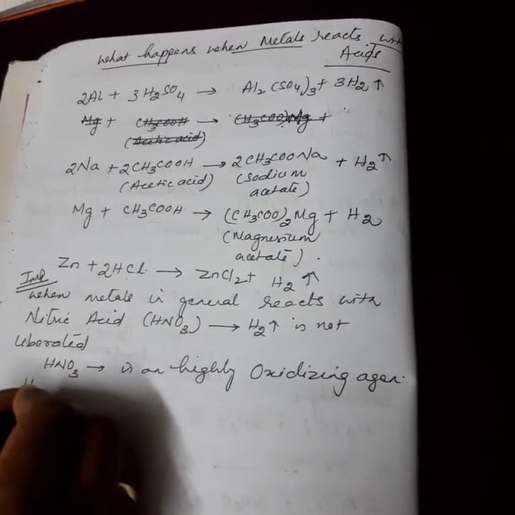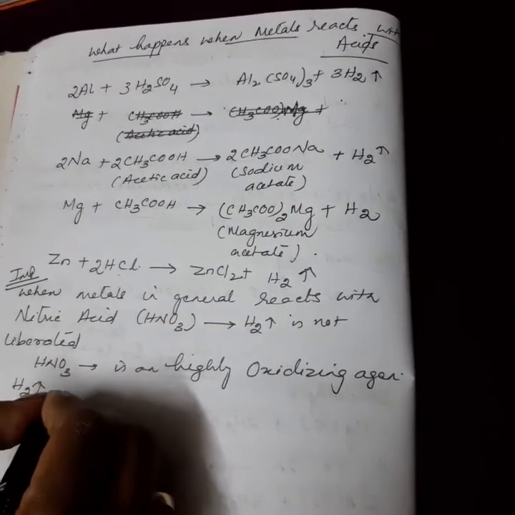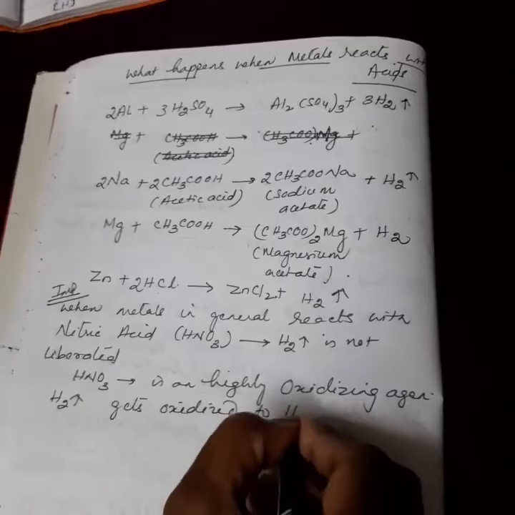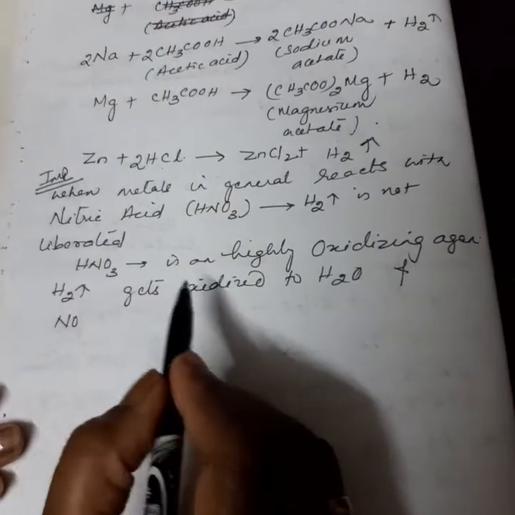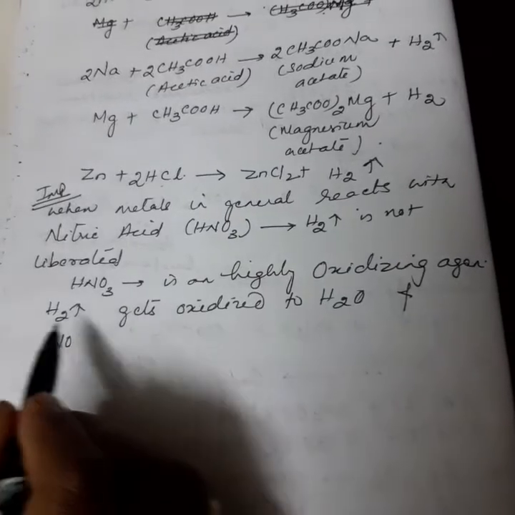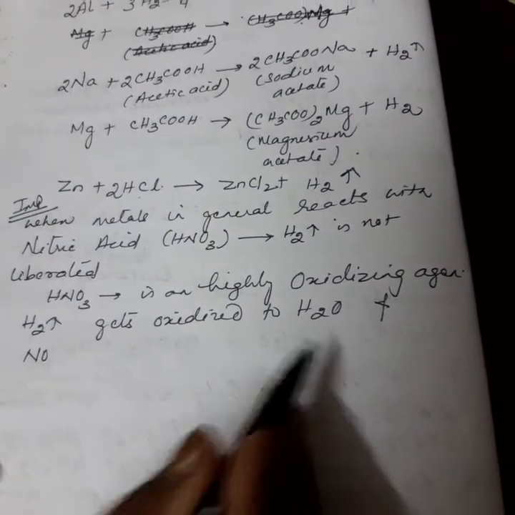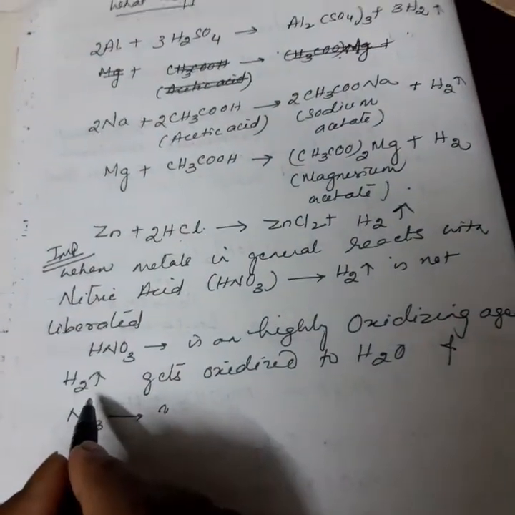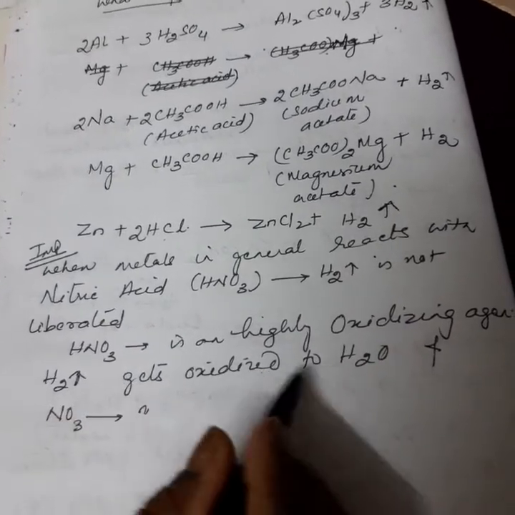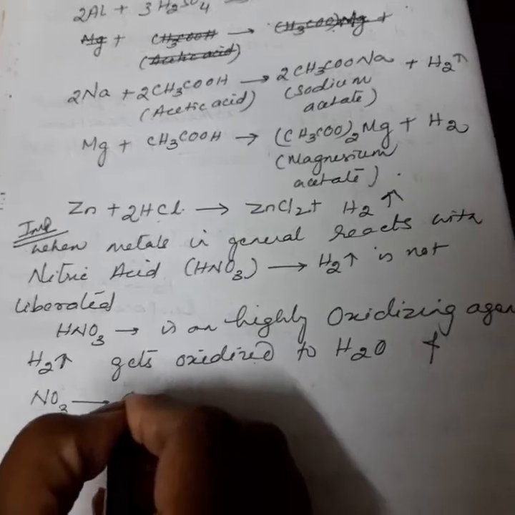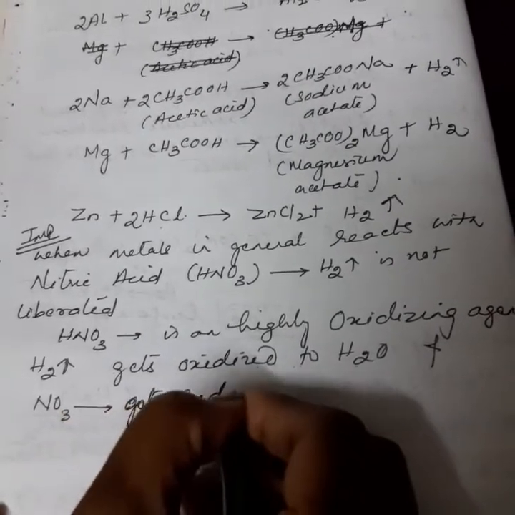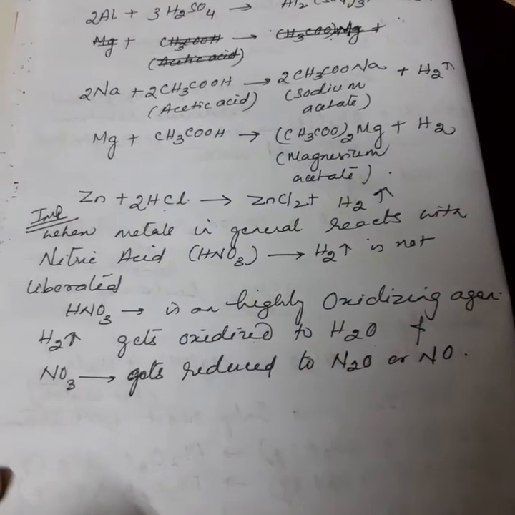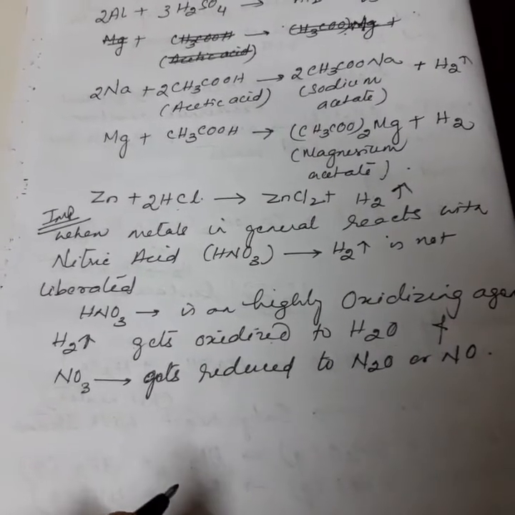The hydrogen gas which is liberated gets oxidized to water, and NO3 gets reduced to N2O or NO, nitrous oxide or nitrogen oxide.